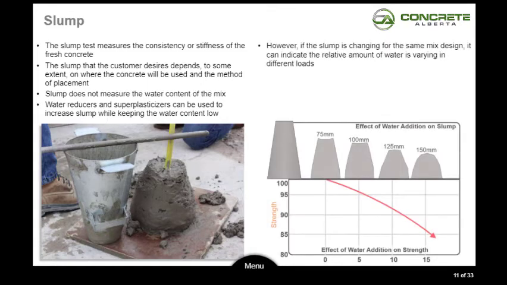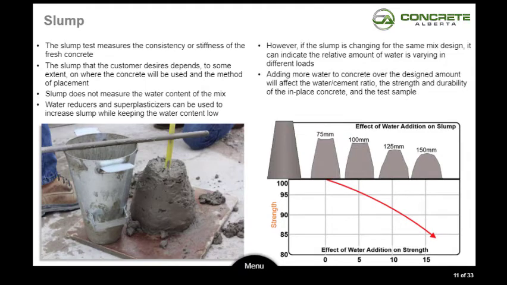However, if the slump is changing for the same mix design, it can indicate the relative amount of water is varying in different loads. Adding more water to concrete over the designed amount will affect the water-cement ratio, the strength and durability of the in-place concrete, and the test sample.